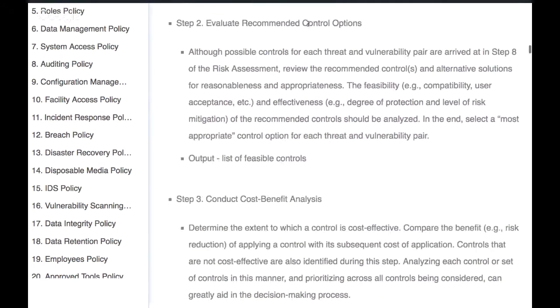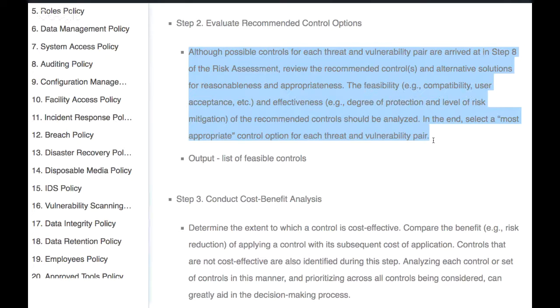Evaluate recommended control options. So risk mitigation, I think, also includes what are the recommended control options. Although possible, controls for each threat and vulnerability pair are arrived at in step 8 of risk assessment. Review the recommended controls and alternative solutions for reasonableness and appropriateness.